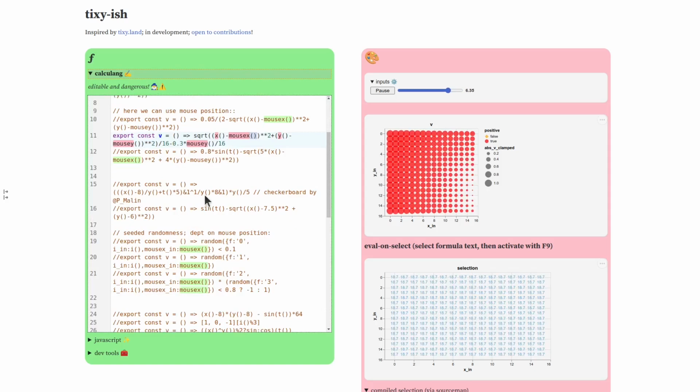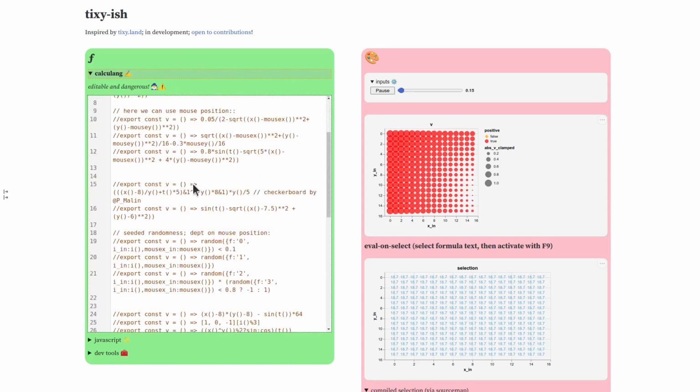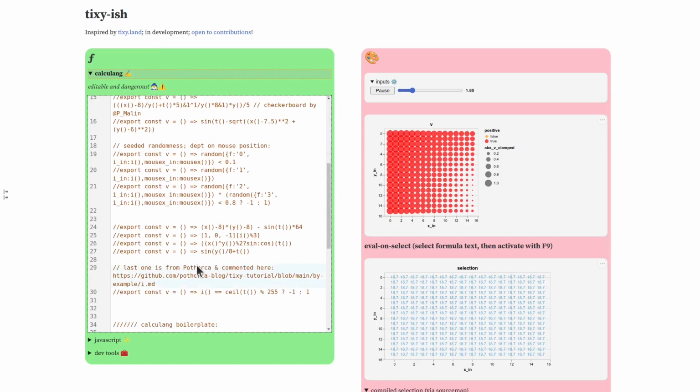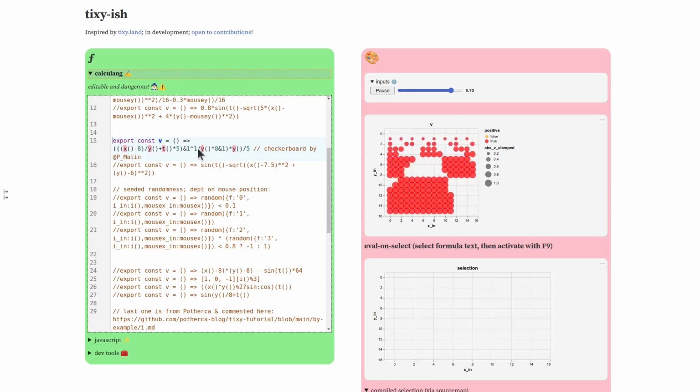There's one here that I really like. So many of these I migrated from tixy.land. So thanks to these guys. And this guy. But this checkered board, whoops, is amazing.